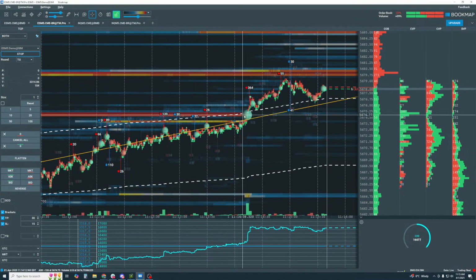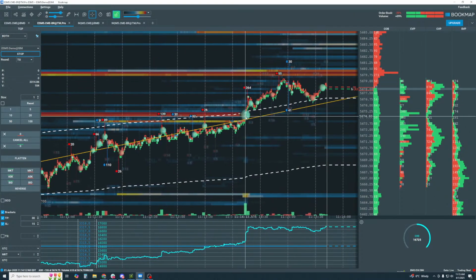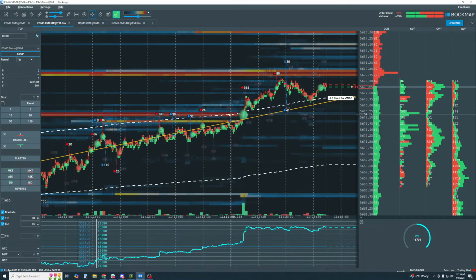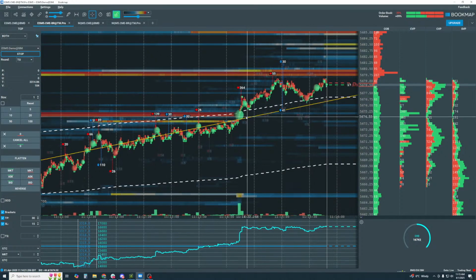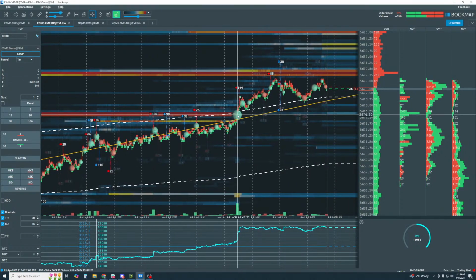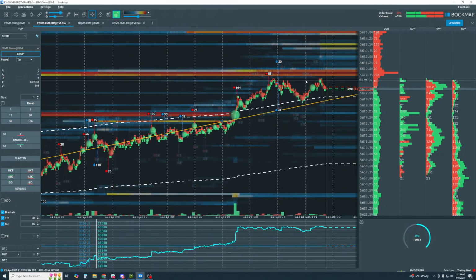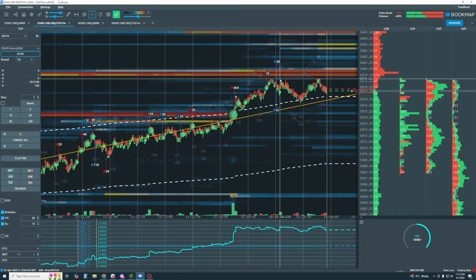Right, this is where the big transactions took place in here. Okay, the demand met the supply, and then we're looking to see if we do get down below that area in here, then this is kind of negated at that point.